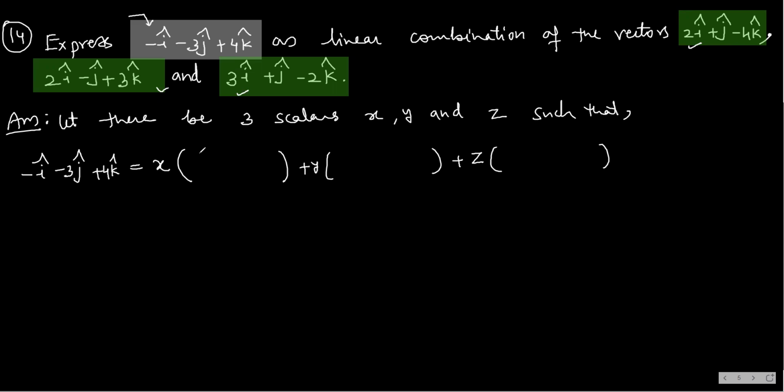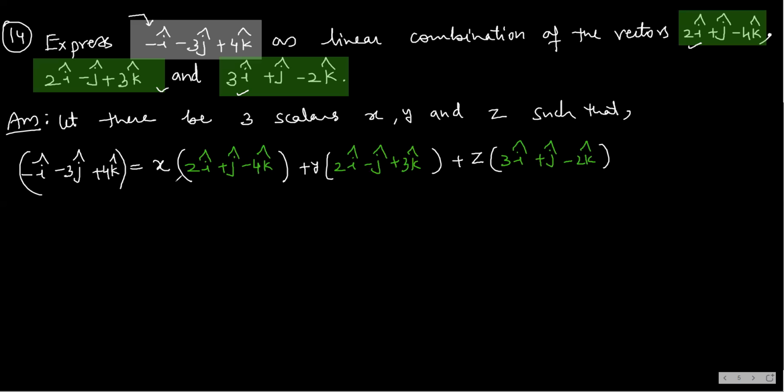And see what I have done. I have written this vector as a linear combination of the other three vectors. So here the first vector x times 2i cap plus j cap minus 4k cap, y times 2i cap minus j cap plus 3k cap, and here 3i cap plus j cap minus 2k cap.